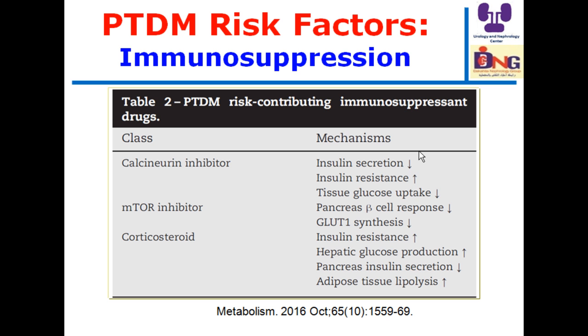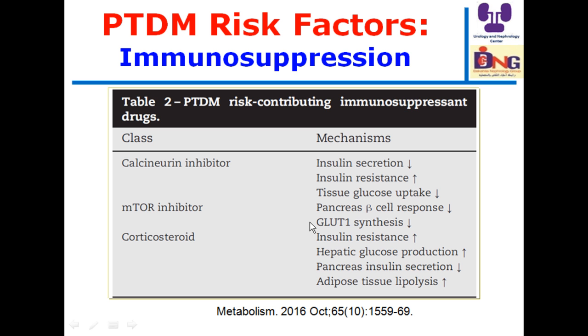To summarize the immune suppressive drugs, calcineurin inhibitors, mainly tacrolimus and cyclosporin, reduce insulin secretion, increase insulin resistance, and decrease tissue glucose uptake. So this is the diabetogenic mechanism of calcineurin inhibitors.